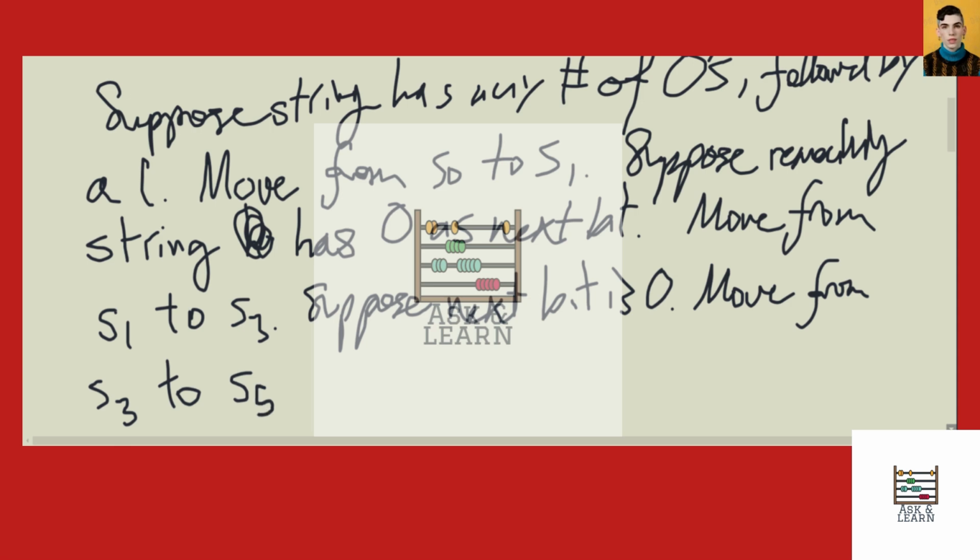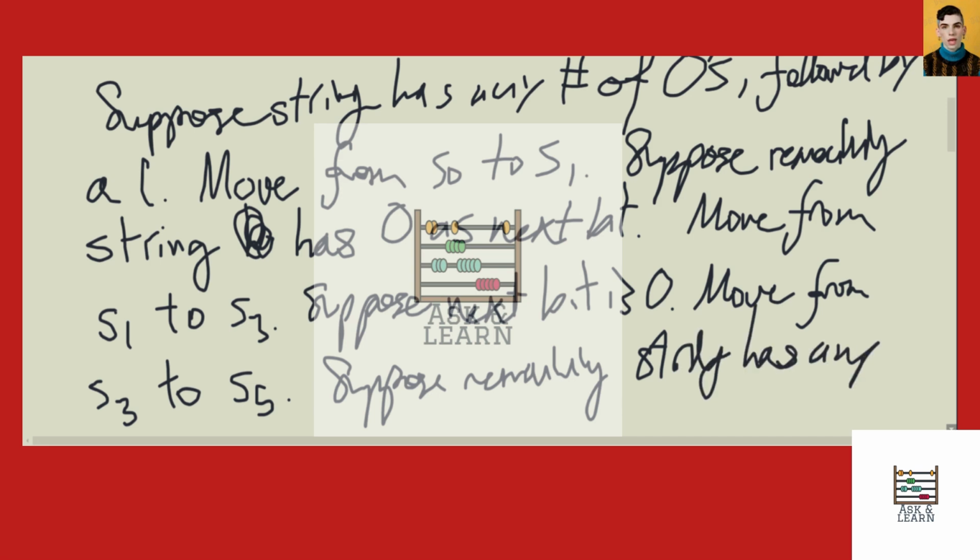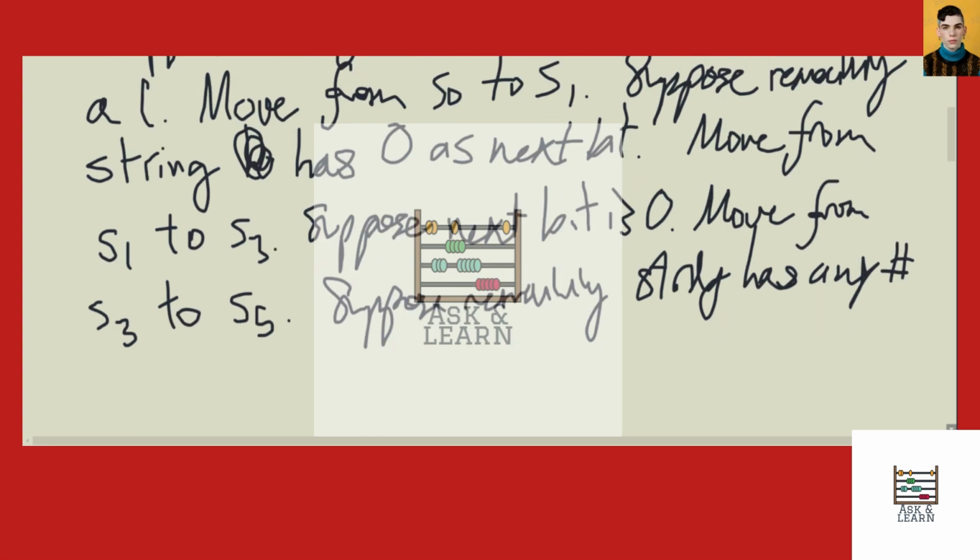And then finally, let's suppose that the remaining string has any number of 1s, including no 1s. Then we're going to remain at S5, which is a final state.